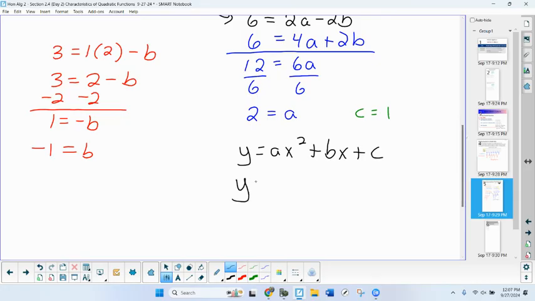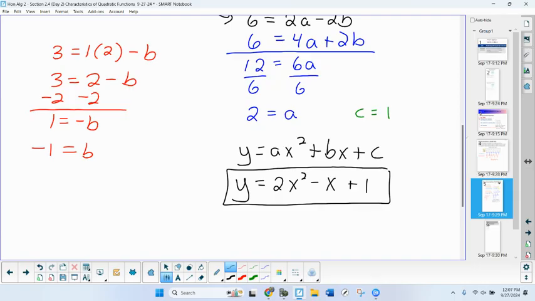So we get y equals what? 2x squared minus 1x plus 1. If you have 1 in front of that x, that's fine. You don't have to. Whew, now you see why you don't have a ton of problems tonight. Questions there?